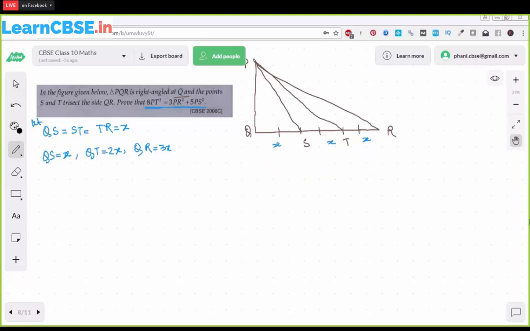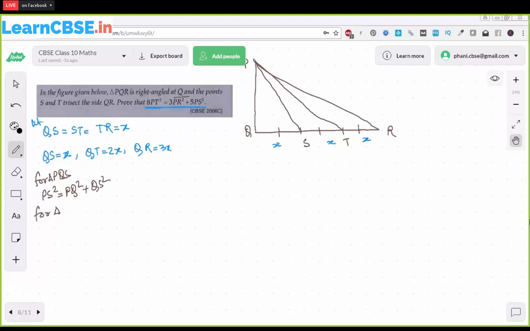So we have three right angle triangles here, PQR, PQS, and PQT. For the right angle triangle PQS first, we can write PS square equals PQ square plus QS square.